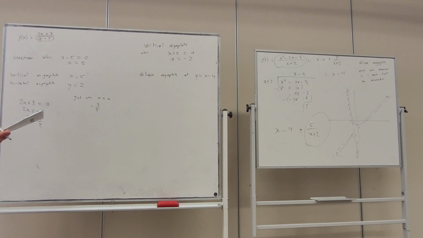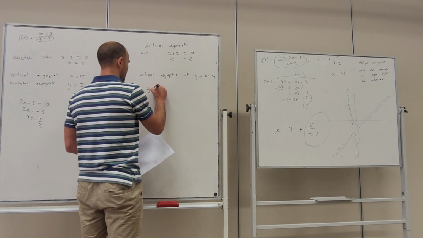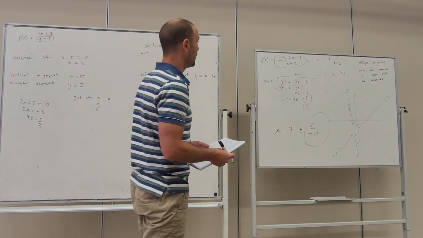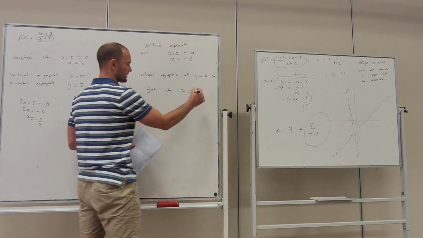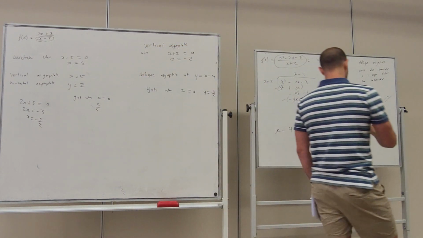Part B, find the axes intercepts. So the y-intercept is when x is 0. So that's going to give us minus 3 on 2. Alright, I've got that there.